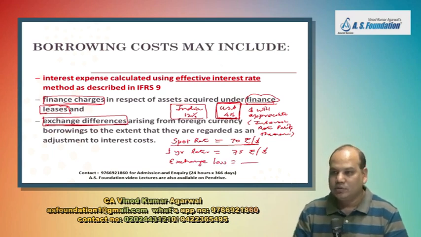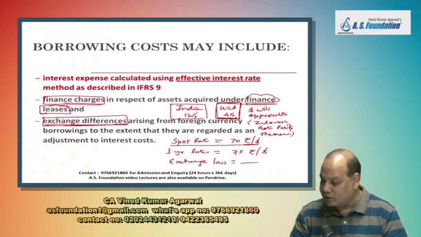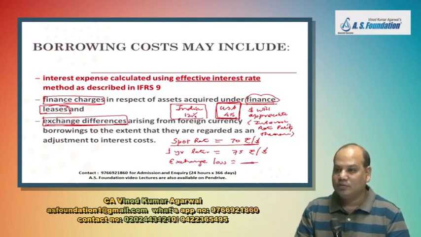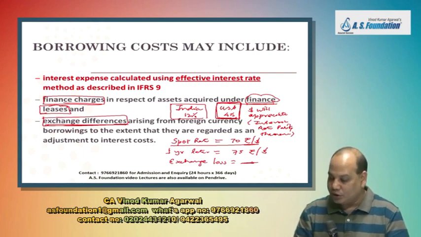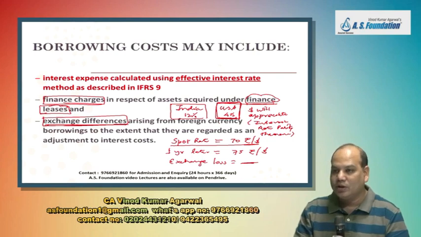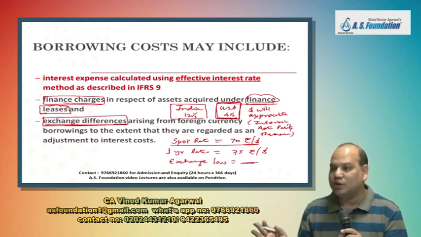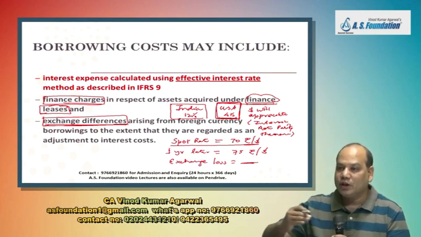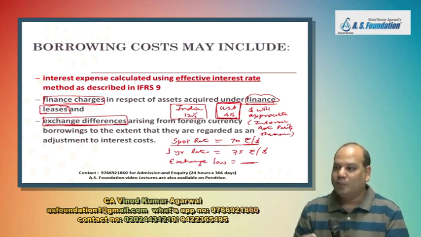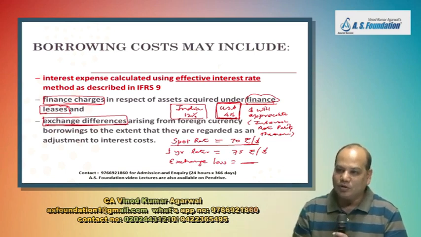The standard says, why are you bearing this exchange loss? Because you have borrowed in foreign currency. So exchange differences arising from foreign currency borrowing, to the extent they are regarded as an adjustment to interest cost, that means to the extent you have saved the interest, up to that extent will also be treated as borrowing cost.